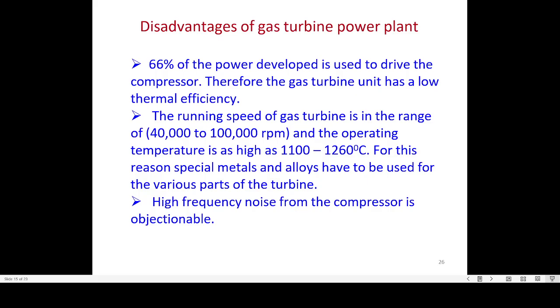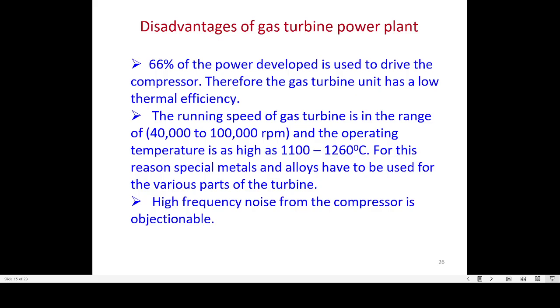We have extended our discussion to the thermodynamic cycle, that is the Brayton cycle, the different thermodynamic processes which occur in a specific sequence, representation of these processes on pressure-volume as well as temperature-entropy diagrams, and the equation for the thermal efficiency of the Brayton cycle.